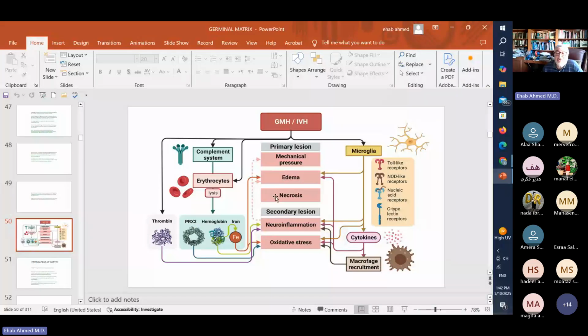In addition to the two underlying mechanisms, we have other factors that make the problem more serious, which we are going to talk about as risk factors: mechanical ventilation, anemia, whatever. Okay? There are also cytokines involved, and if anyone is interested in these issues, he can go deeper into this aspect.